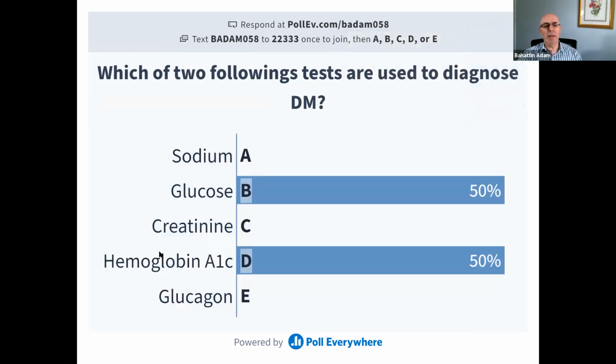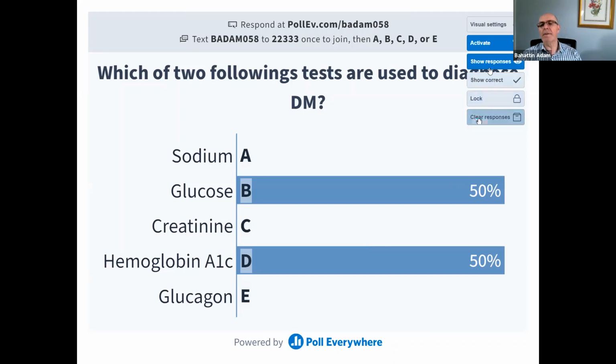Okay, glucose and hemoglobin A1C, two of them are correct. For diagnosis, one of them will be enough, however these are diagnostic tests. Also, you can monitor diabetes with these tests.